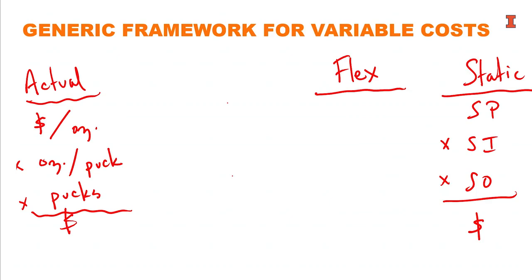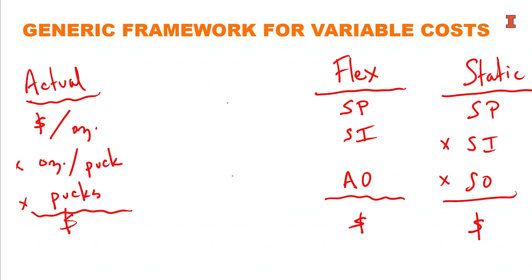So comparing the flexible budget to the static budget, it is all expected numbers, standard price, standard input, but actual output. It takes into account what we actually produced, but at the standard price and standard input amounts. So it tells us what we should have spent given what our actual production was.